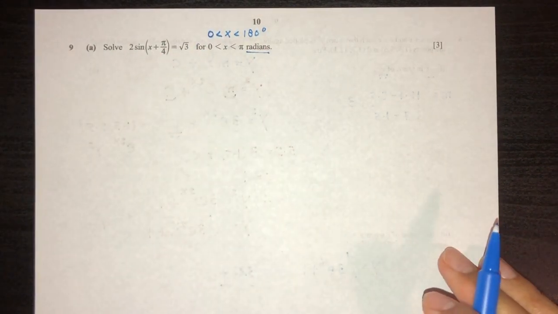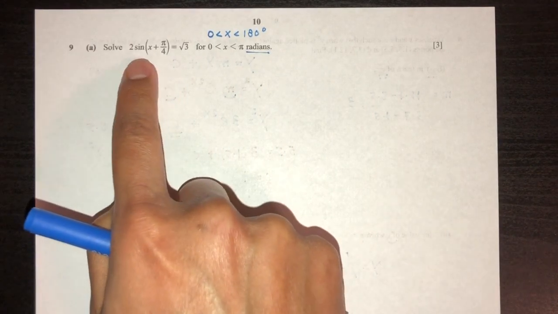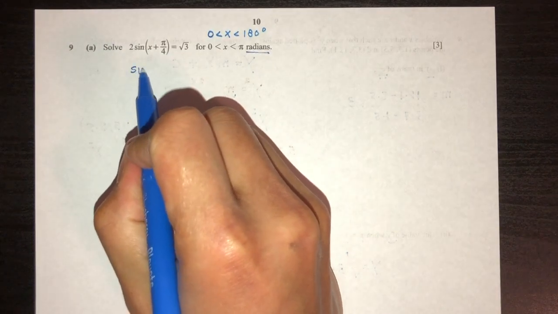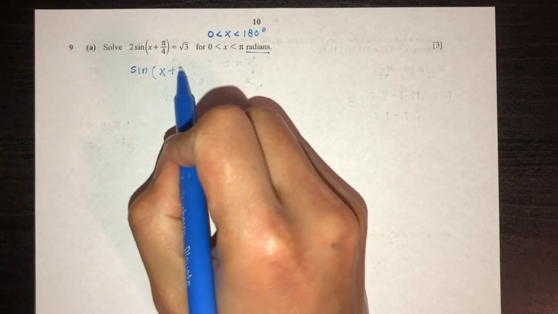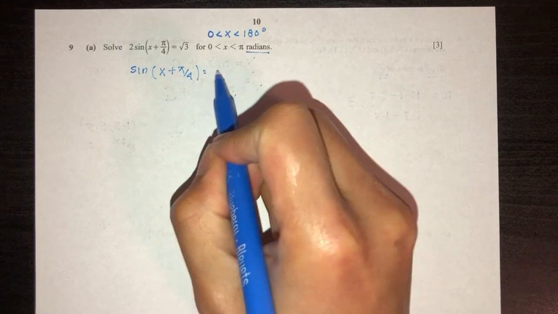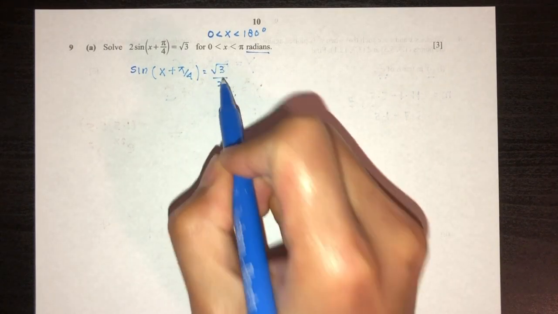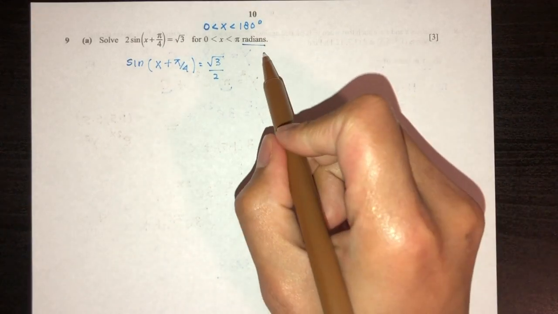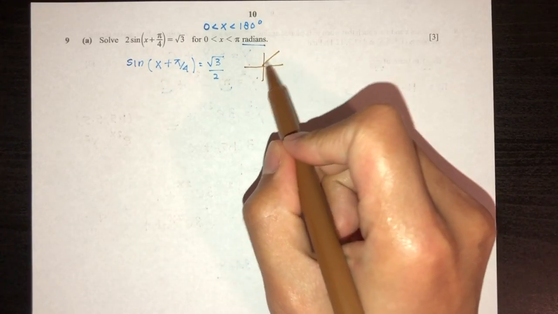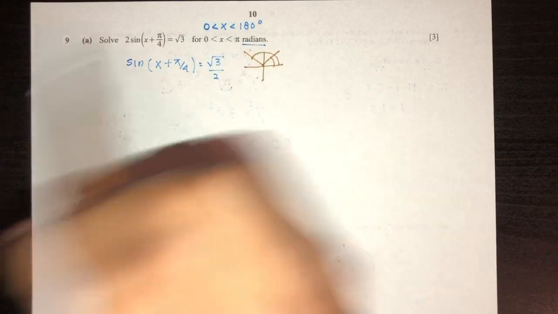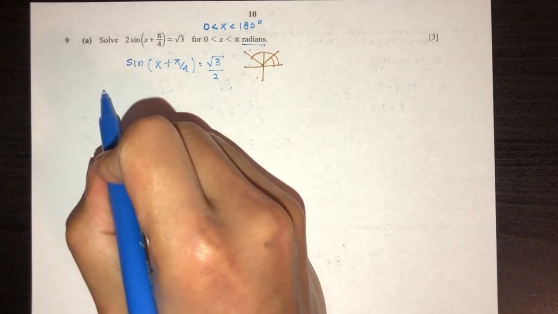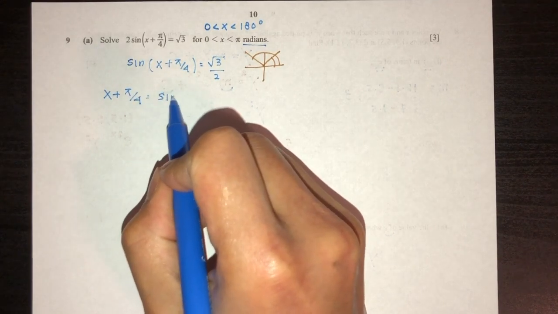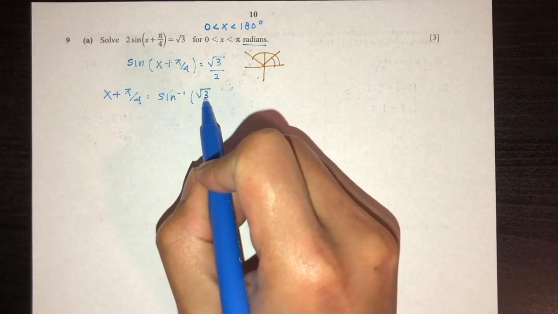So step by step, the first thing is you want to make sine the subject of the formula. So you will have sine of the angle, which is x plus pi by 4, equal to root 3 over 2. Next step, since sine is positive, it will have to be in the first quadrant and the second quadrant. So this angle, x plus pi by 4, is equal to sine inverse of root 3 over 2.